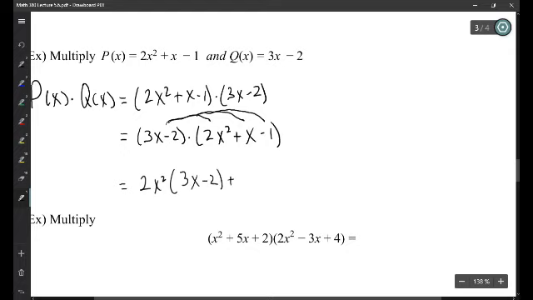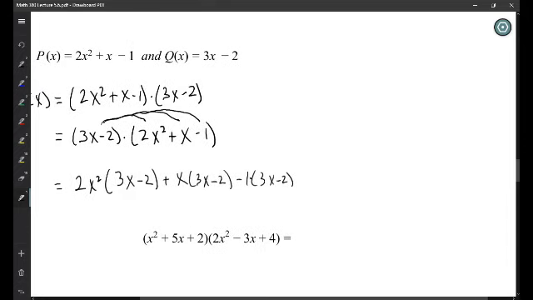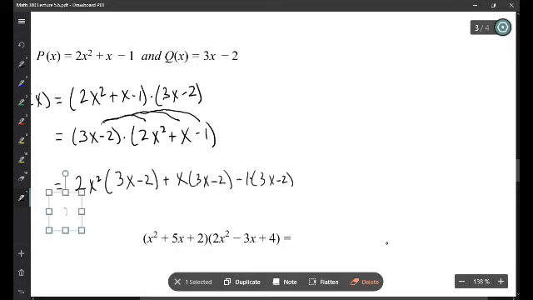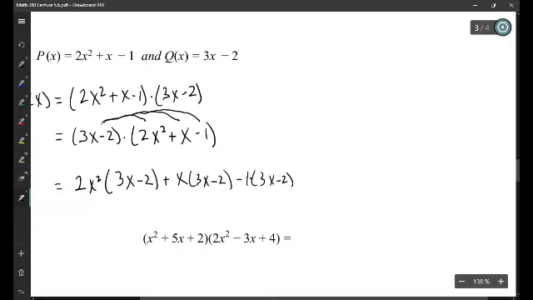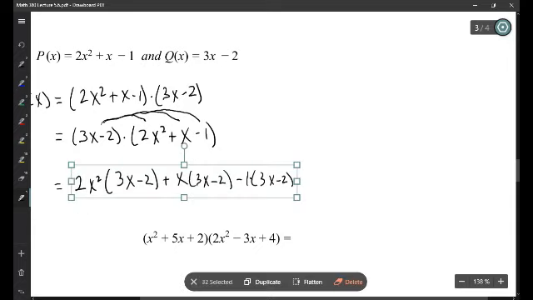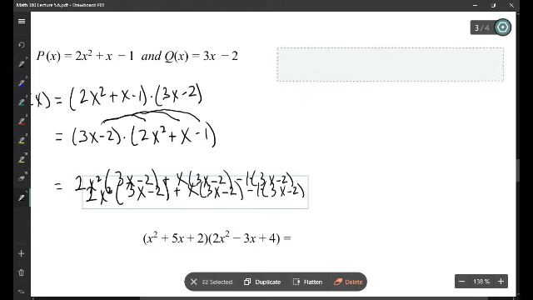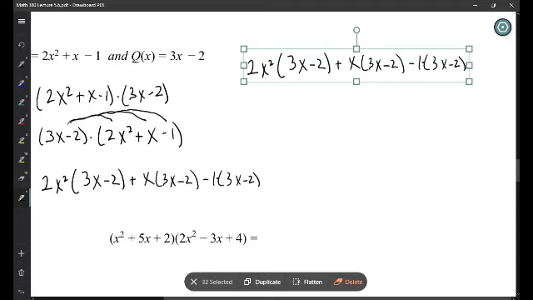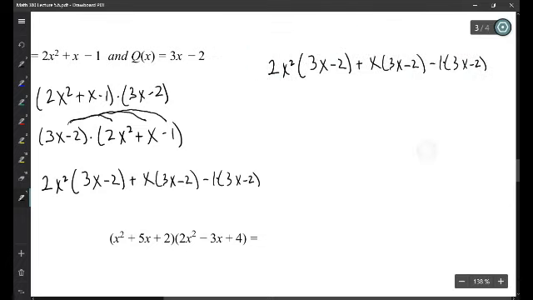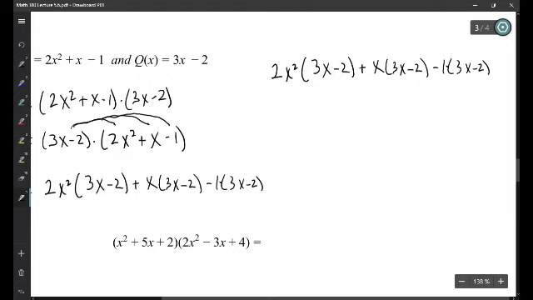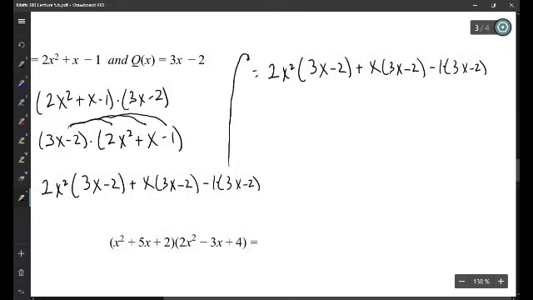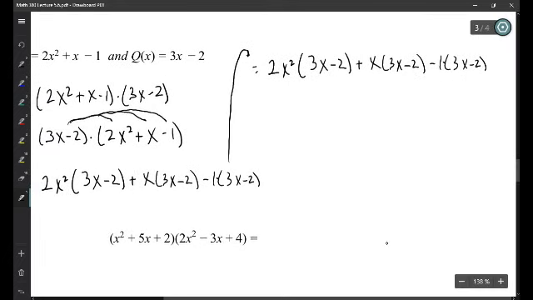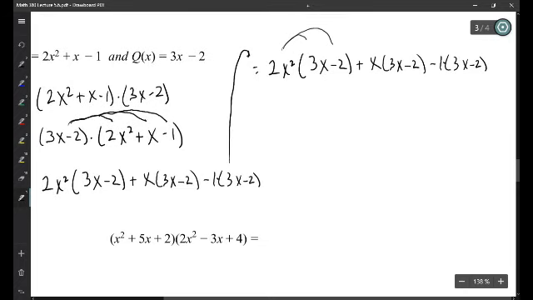And then x times 3x minus 2. And then minus 1 times 3x minus 2. Okay. So continuing, I rewrote it up here. So continuing, we distribute through with each term.